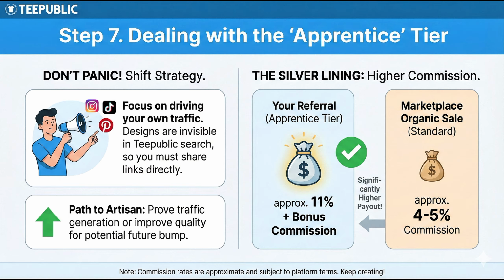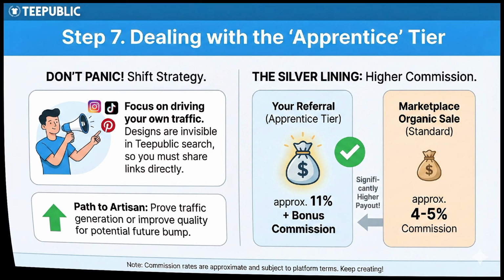When you bring in the customer yourself, Teepublic pays you a significantly higher commission. We're talking around 11% plus bonuses, compared to the standard 4% you get from organic marketplace sales. So treat this as motivation to build your own brand. If you prove you can bring in customers and keep your design quality high, there is absolutely a chance to get bumped up to the artisan tier later on.